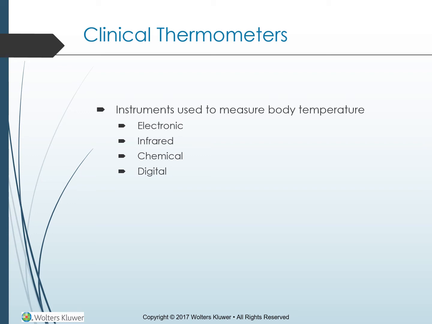Temporal is done with infrared heat radiating from the temporal artery and the center of the forehead, and the loss of heat through the skin uses computerized algorithms to measure every millimeter across. If you go across the forehead, it uses algorithms to average out the temperature.